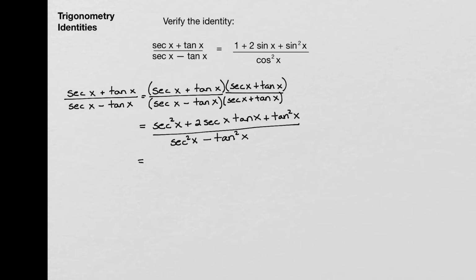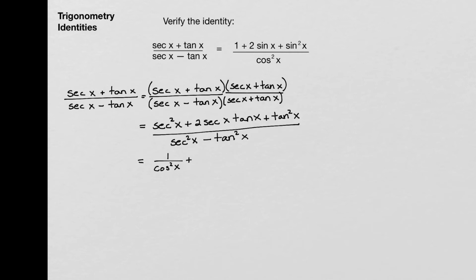Well, in the numerator, I have secant squared x, and I can turn that into 1 over cosine squared x. So I'm turning these into sine and cosine to make them easier to work with.